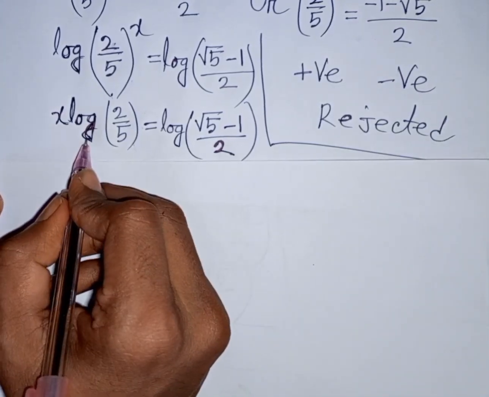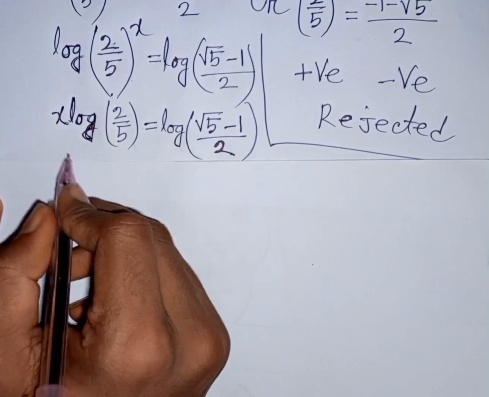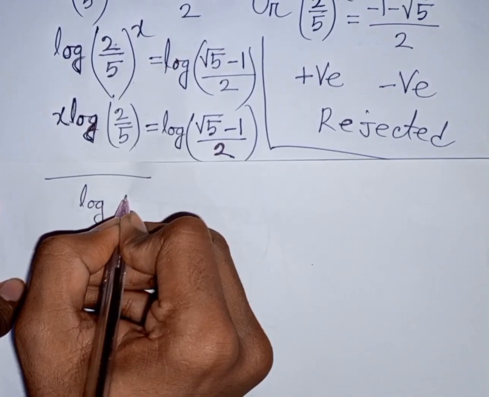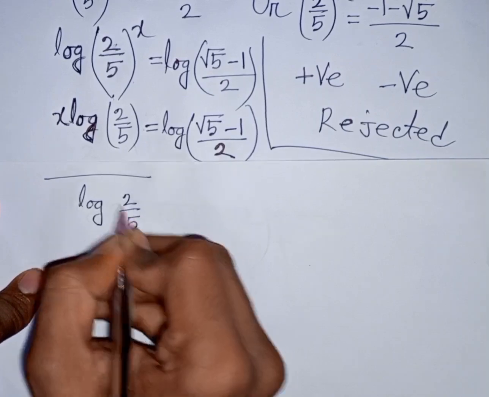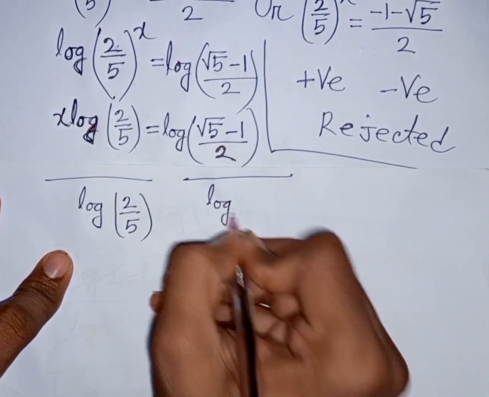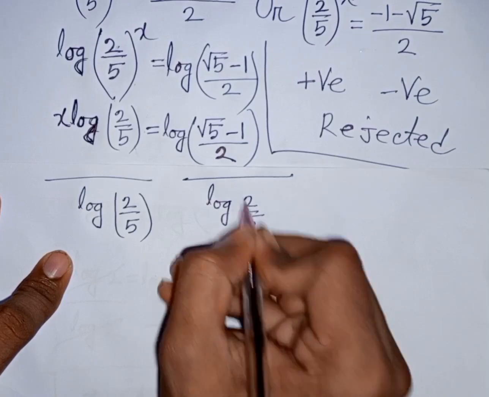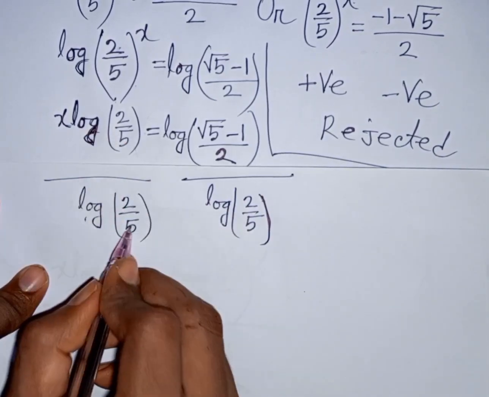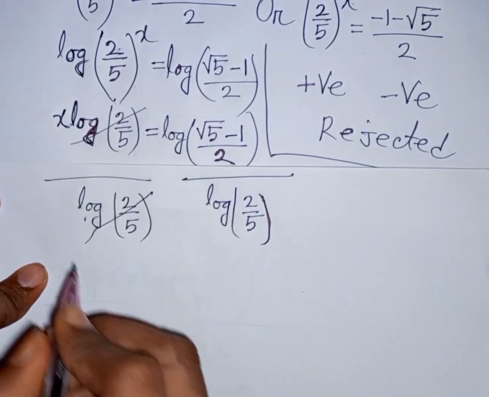Now we divide by log of 2 by 5 on both sides because we need the value of x. Now this log of 2 by 5 will be cancelled.